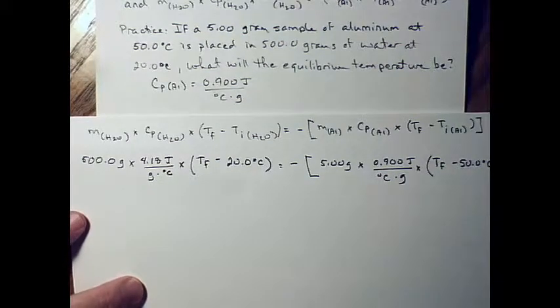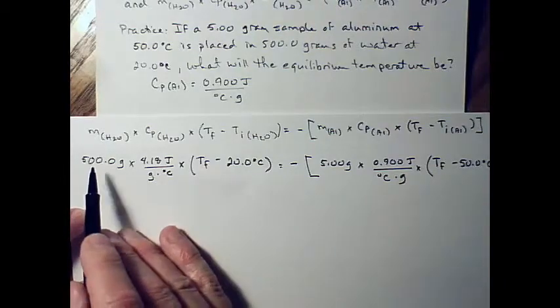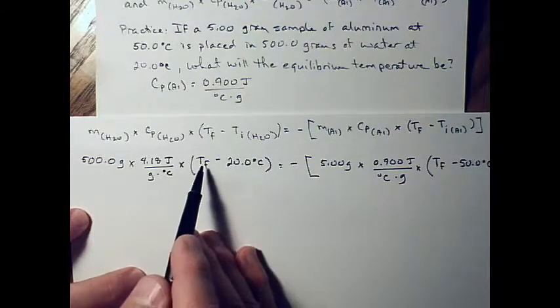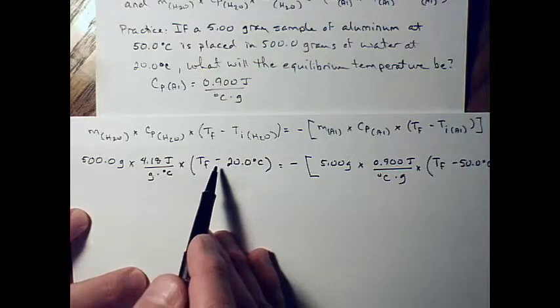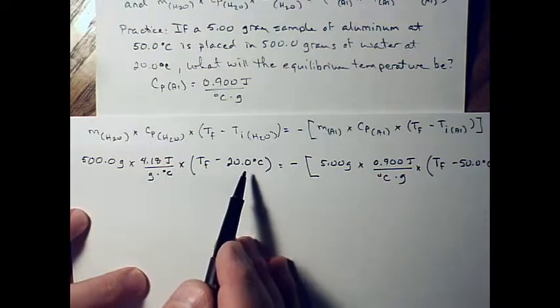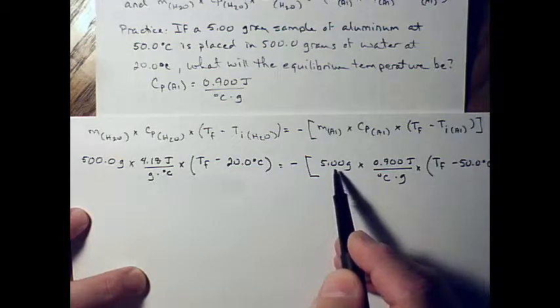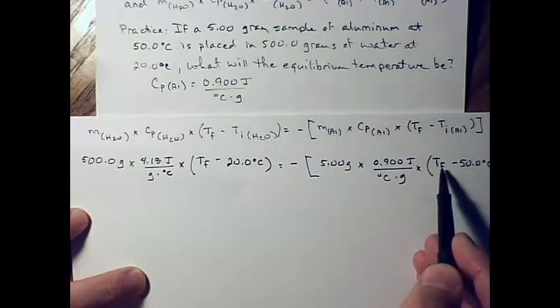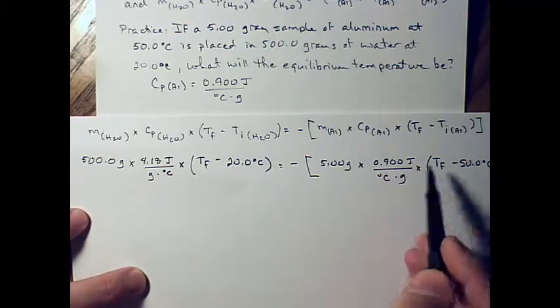All right? Now, the distributive property says I've got to multiply this times that, and then subtract this times this times this. Do the same thing on the other side. I've got to multiply this, and then subtract this times that.